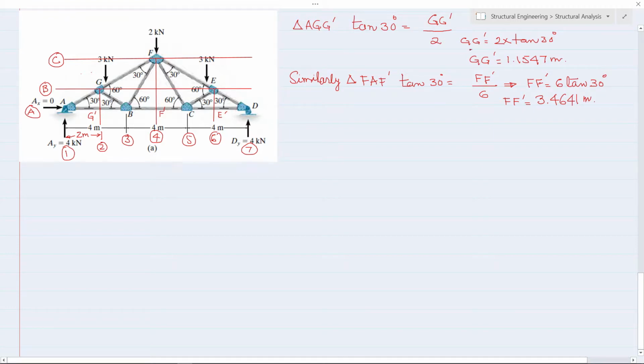So now we have to draw grids at 1.1547 and 3.4641 in the Z direction.